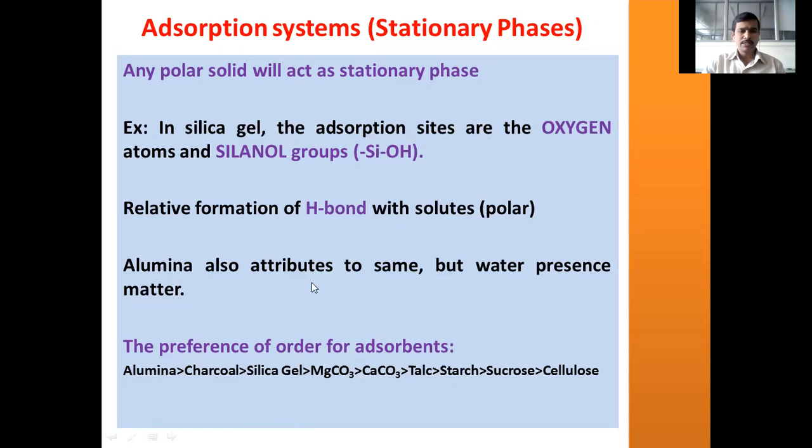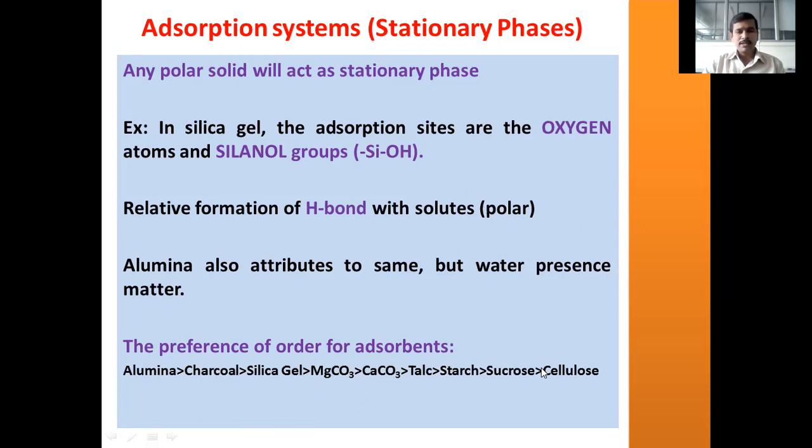Most commonly, silica gel will be used as an adsorbent because we can reproducibly bring it to its original state even after the separation is over. These are the different adsorbents we use in adsorption chromatography, where the partitioning of the solute takes place based on adsorption.